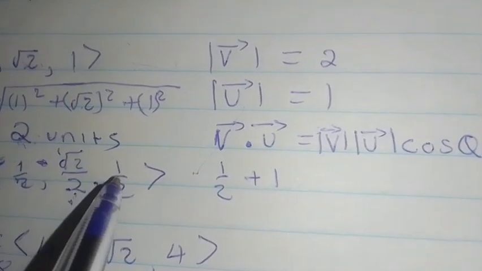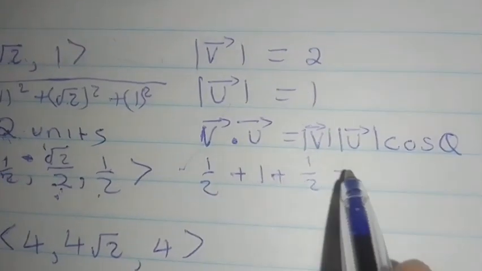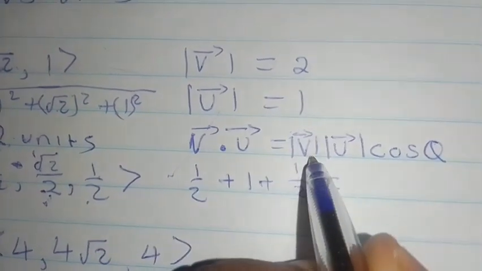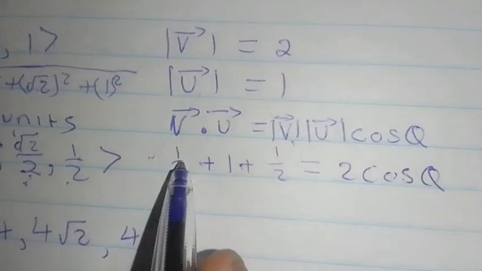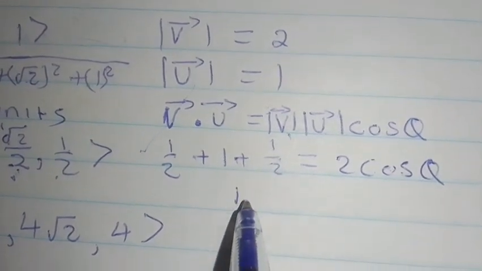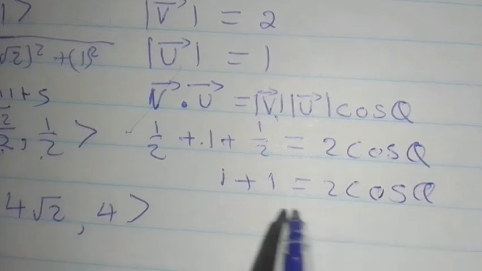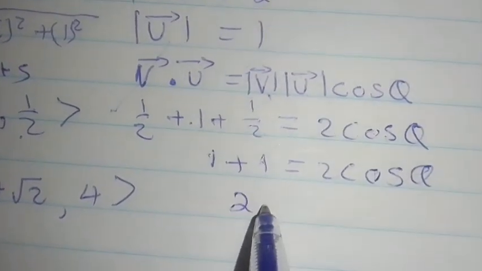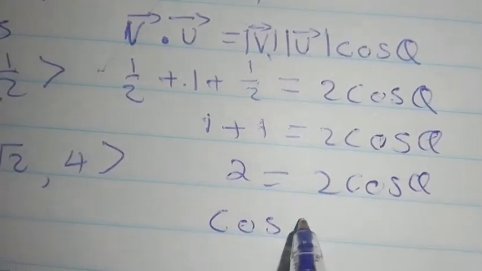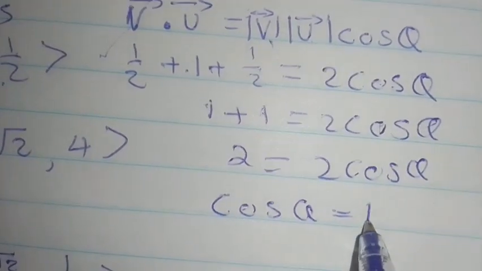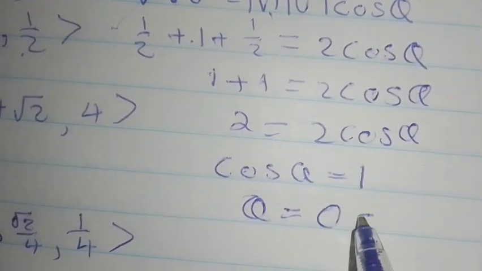Now 1 by half is just going to be half. Plus half. This will be equal to 2 multiplied by 1, which is 2, times cos theta. Now half plus half is 1, and you also have this 1 here, so 1 plus 1 is 2. Then you have 2 equals 2 cos theta. So you end up with cos theta equals 1.